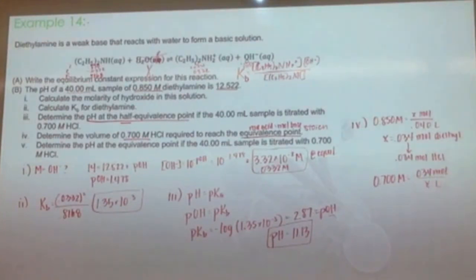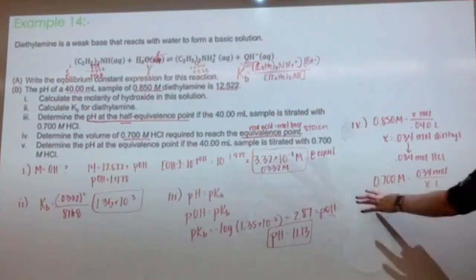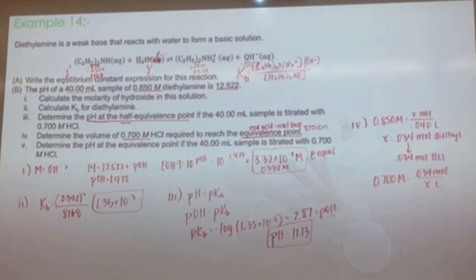It just says volume, it doesn't specify what unit. So multiply X over and divide by 0.7.